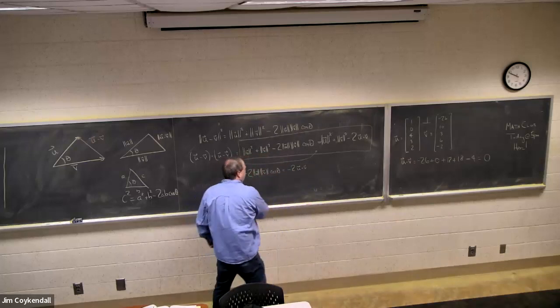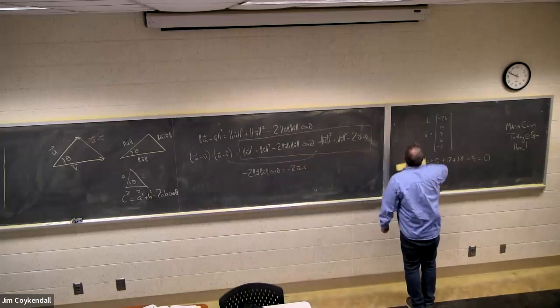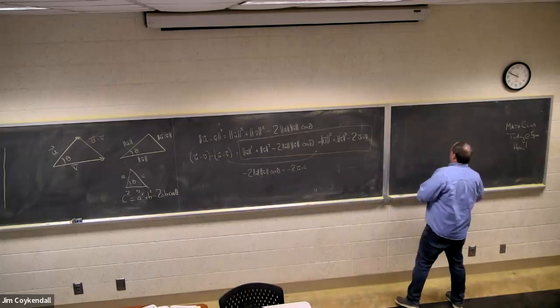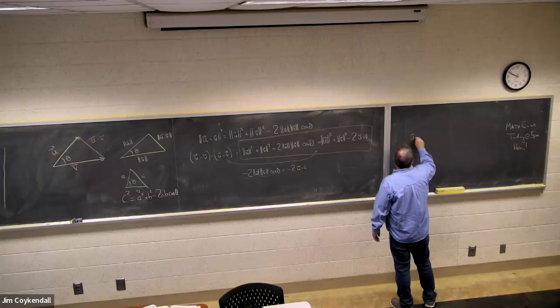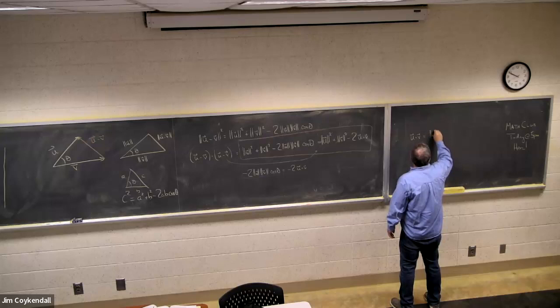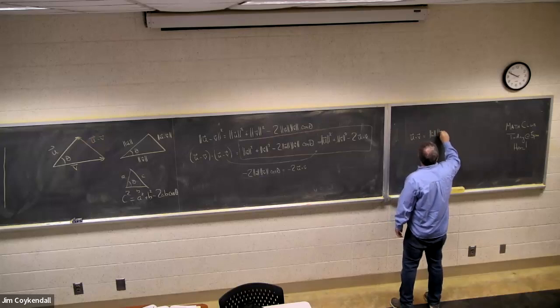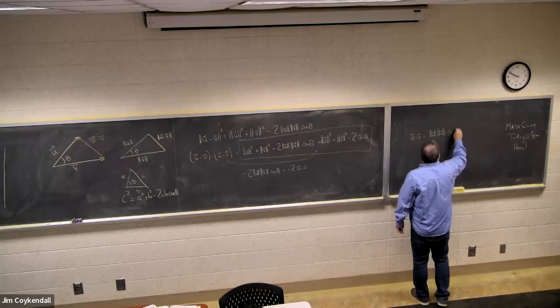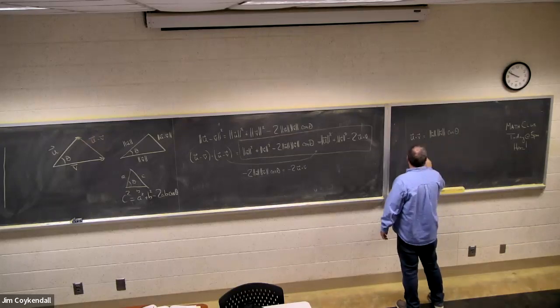So I get this equation: u dot b is equal to length of u, length of b, cosine theta.